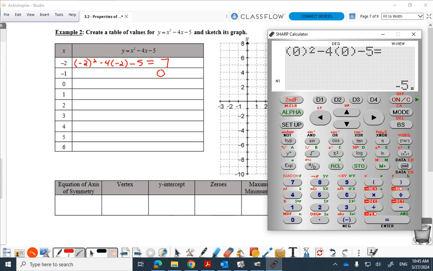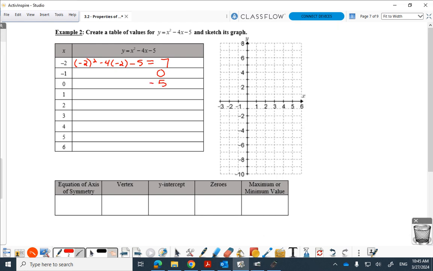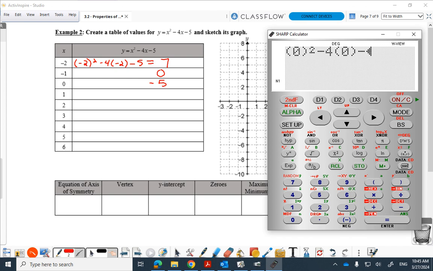Are you surprised it was negative 5? I don't think you should be surprised it was negative 5 from something from yesterday, but we can talk about that in a second. Then 1. I'm trying to make this as not torturous as possible by letting you use the technology you have to just type these in and get these answers.